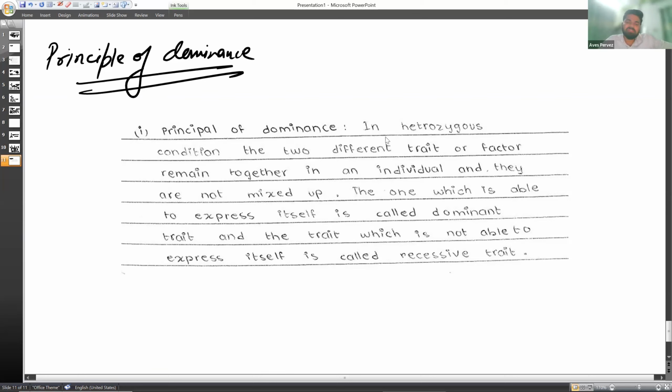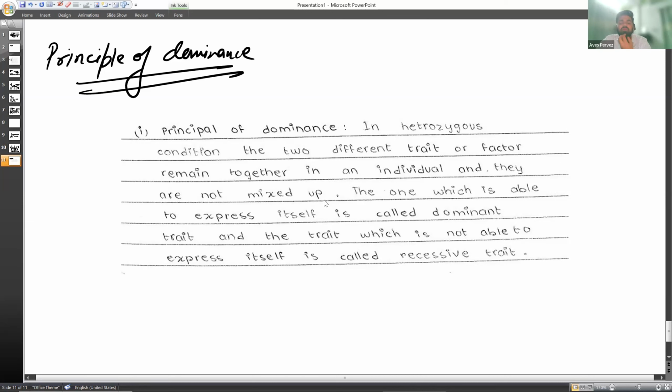The principle of dominance states that in a heterozygous condition, the two different traits or factors remain together in an individual and they are not mixed up. Why are they not mixed up? Because they are two different genes.